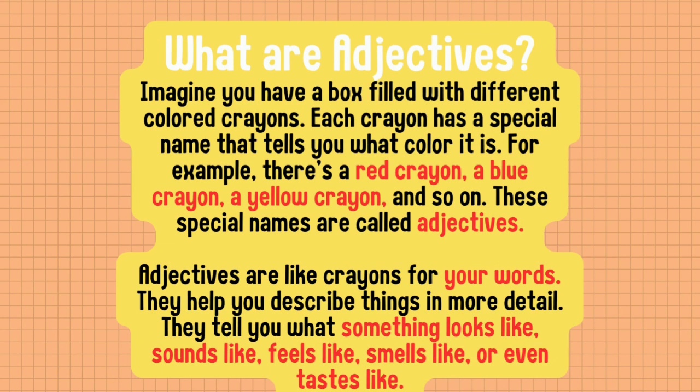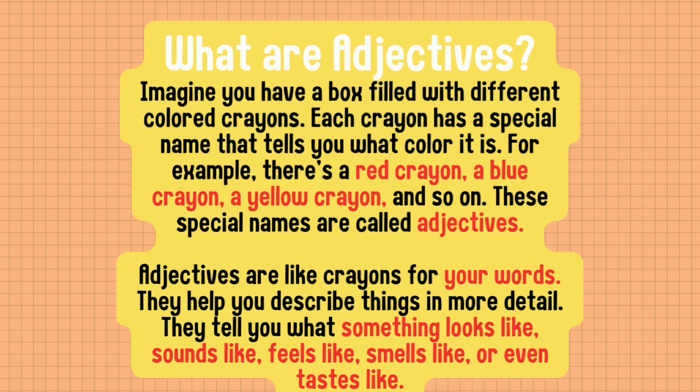For example, there are a red crayon, a blue crayon, a yellow crayon, a brown crayon, etc. These special names are called adjectives.